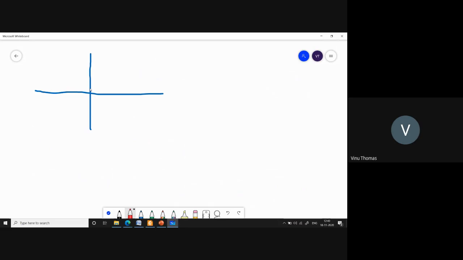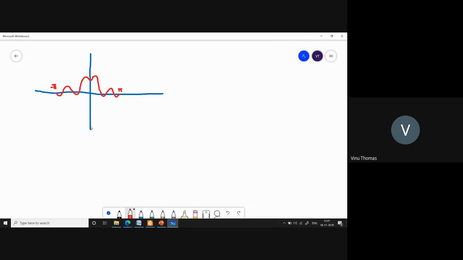So we have some HR of e power j omega, which we will maybe represent like this. This is minus pi and this is plus pi.